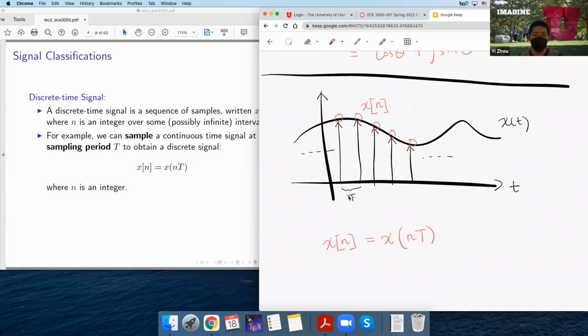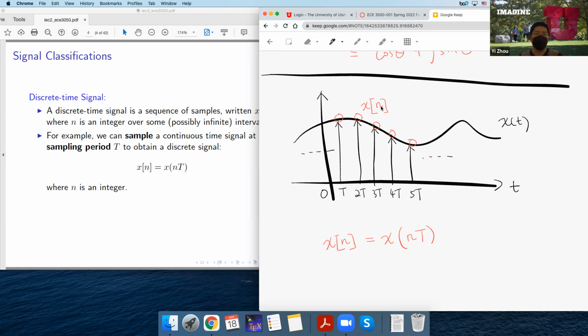To be more specific, we are sampling this continuous signal at 0, T, 2T, 3T, 4T, 5T.